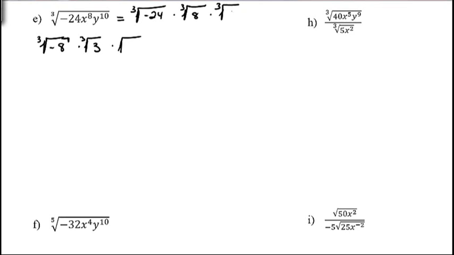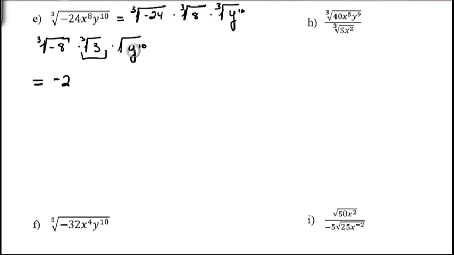Oh my gosh, I forgot my x. And so the cube root of negative 8 is negative 2. And we can't take the cube root of 3, so that's just going to stay there in the cube root.